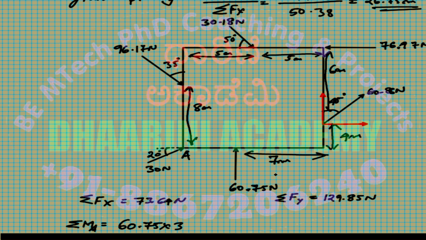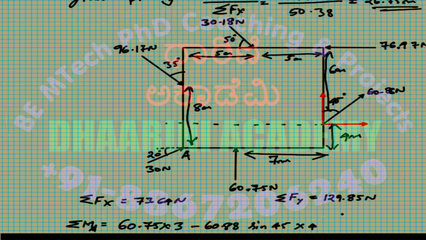The horizontal component is moving right, so it is going to act in this way. This is the line of action. The shortest distance is 4 meters from A. It is moving to the right, so clockwise, so this is minus. 60.88 sine 45 into the shortest distance, 4 meters.